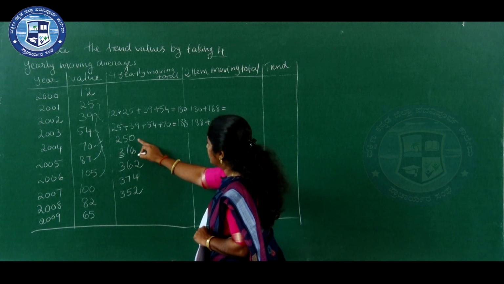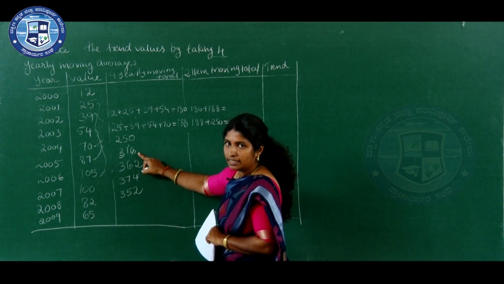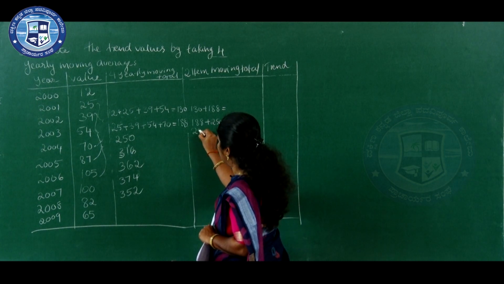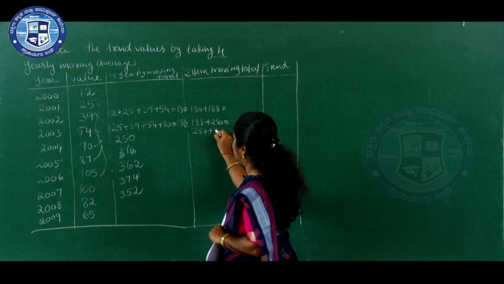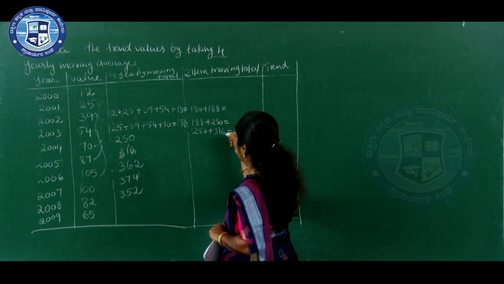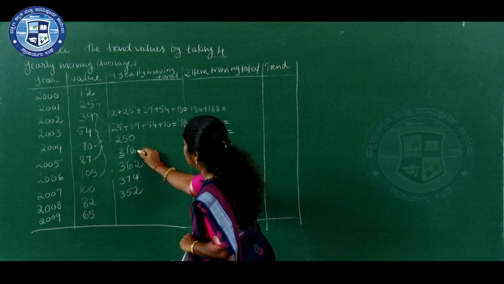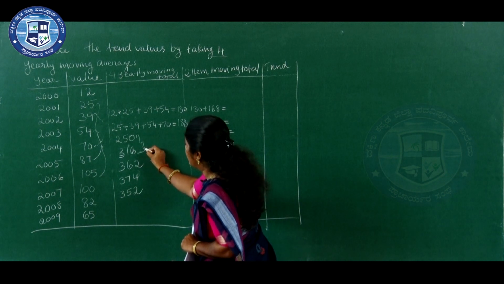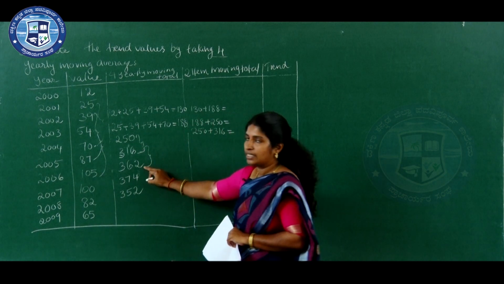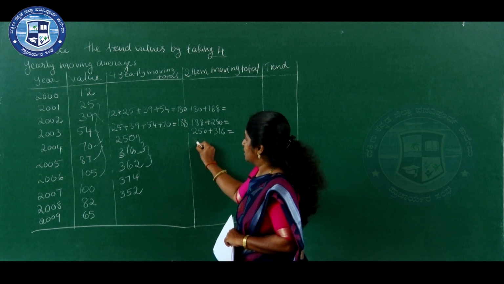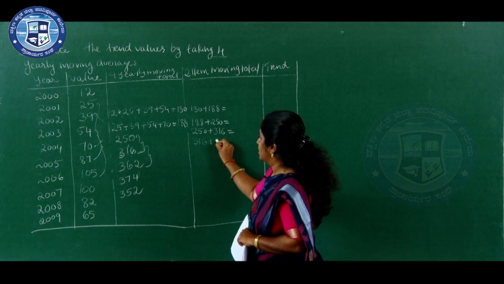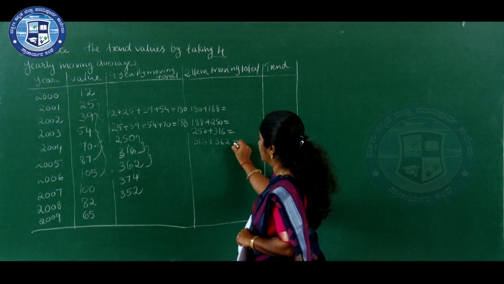Then next is 250 plus 316. Next 316 plus 362.